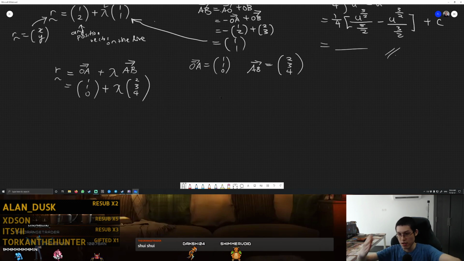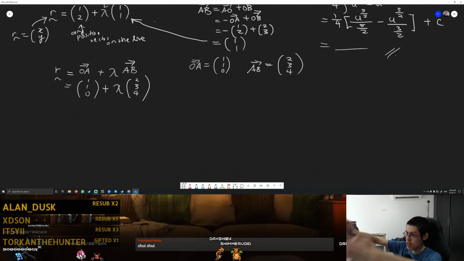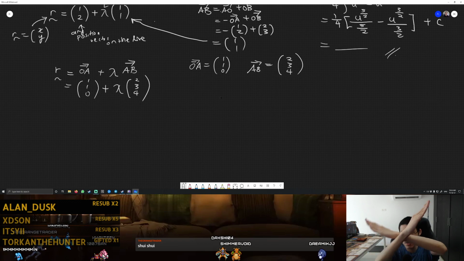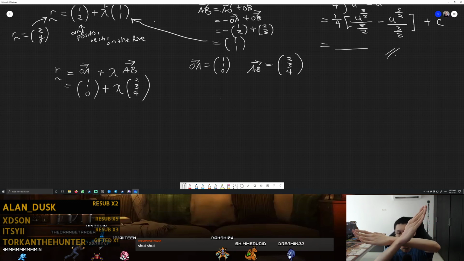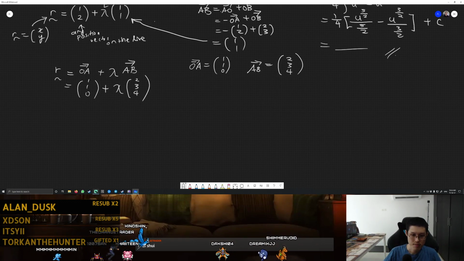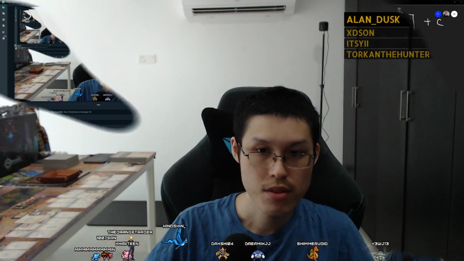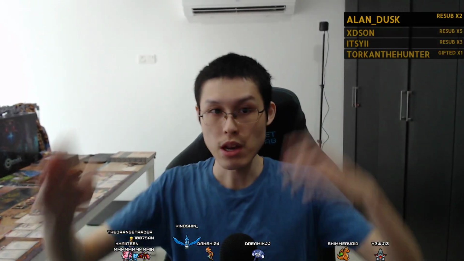These lines could be intersecting, which means they look like this. Or they could be skew, which means they look like this. They do not intersect.